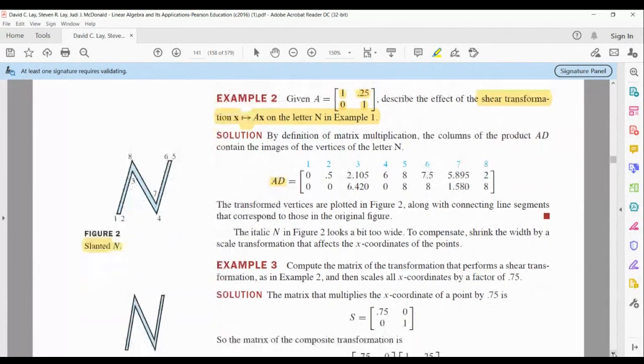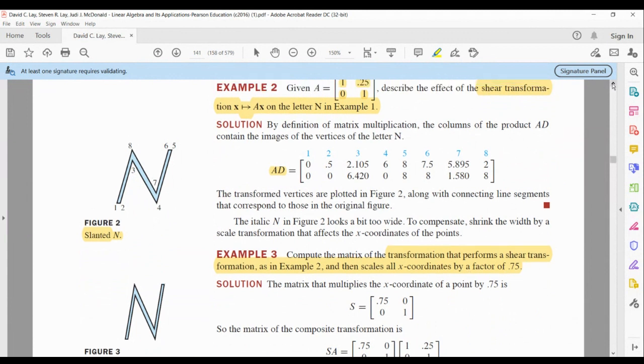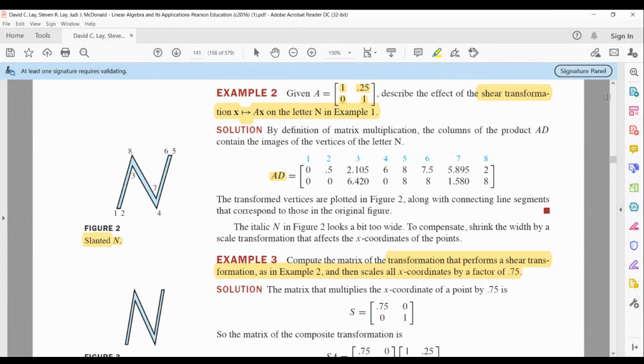they talk about computing the matrix of the transformation that performs a shear transformation first, and then scales all x coordinates by a factor of 0.75.